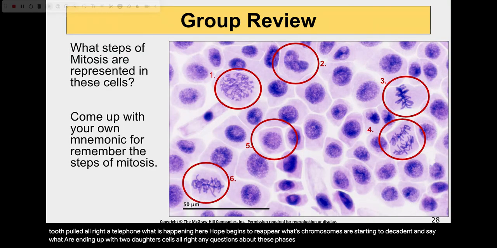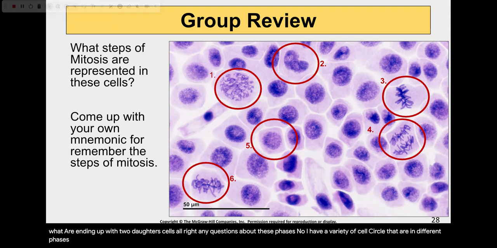So, I have a variety of cells circled that are in different phases of the cell cycle and in mitosis. If I were to ask you, number 1, what phase do you think it is in? Would you have a guess? Prophase.